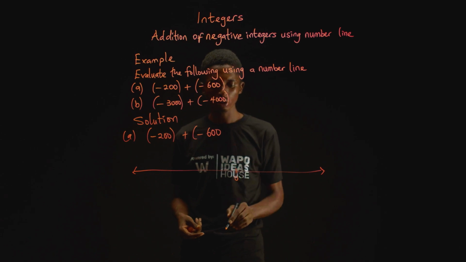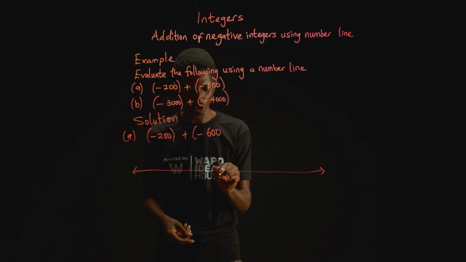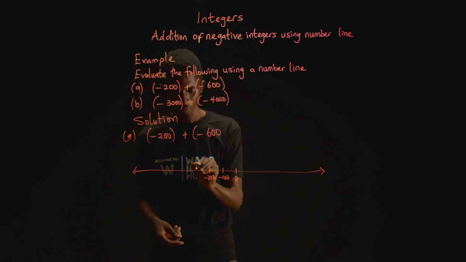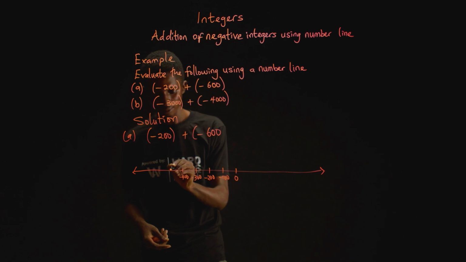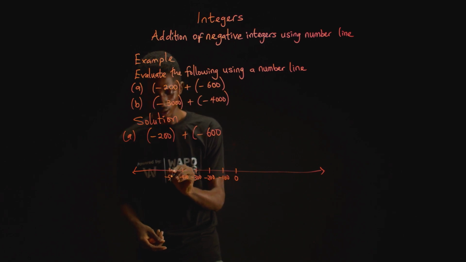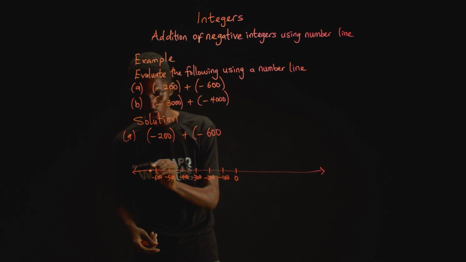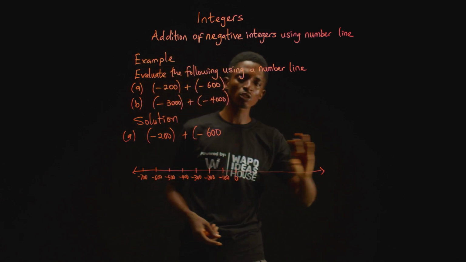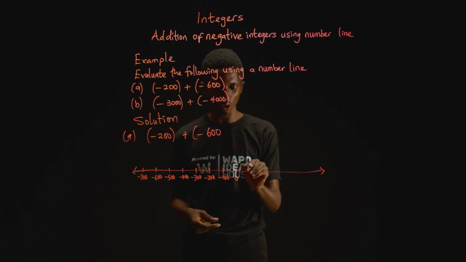So 0. To the left, we have minus 100, minus 200, minus 300, minus 400, minus 500, minus 600, minus 700. And then to the right, we have our positive integers, also in steps of 100.